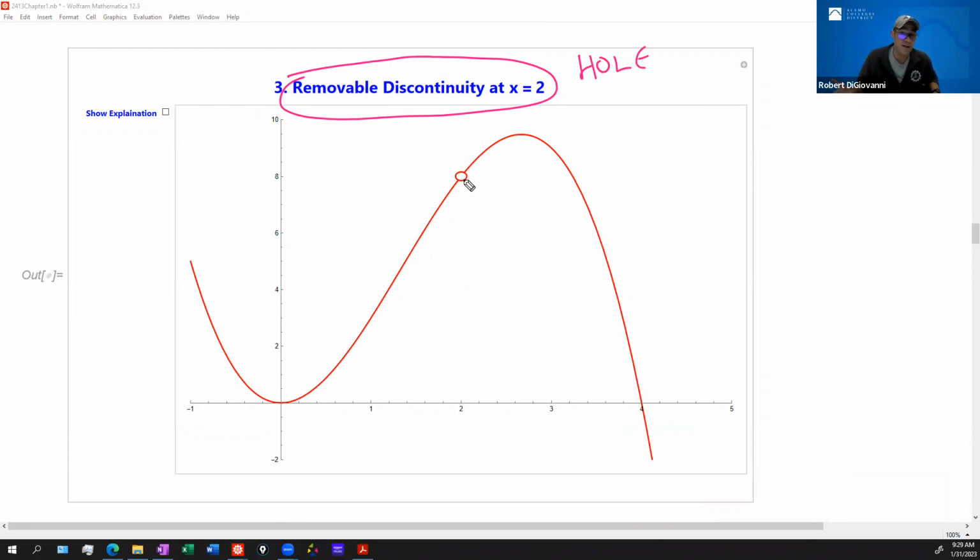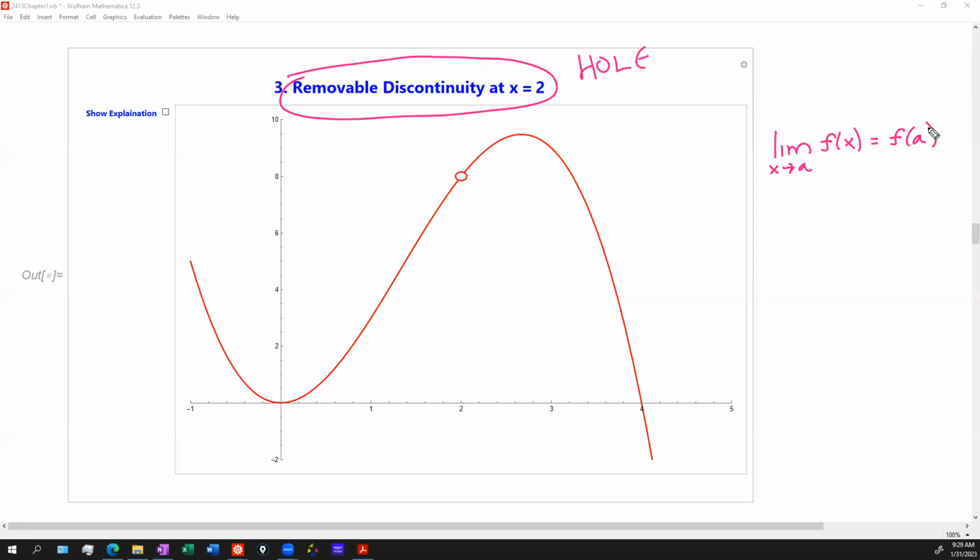And that creates the discontinuity, because when we get to the definition, what's wrong with the definition if we have a hole? Where do we have a problem with this definition? Left side or right side? The right side, because the right side will be undefined, right? So that's why a hole causes a problem.